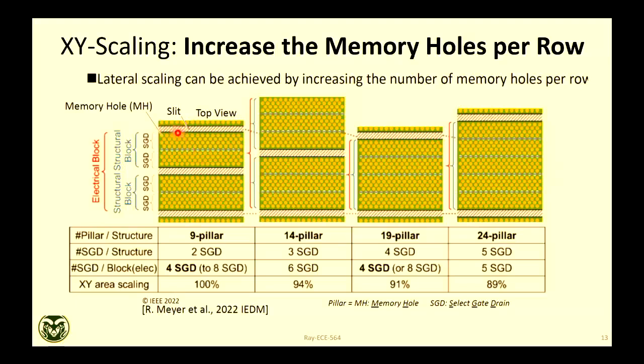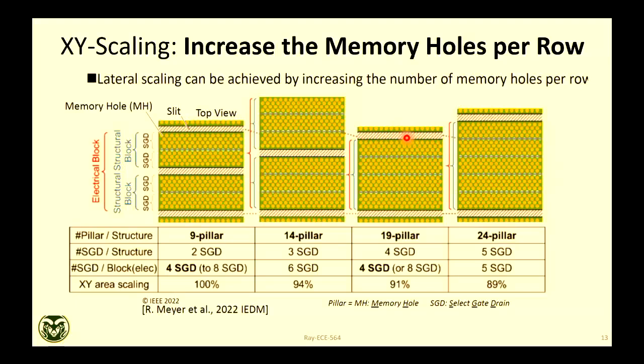Suppose you want to remove this slit. Then what you can do is increase the number of subblocks per block. For example, in this case, every block has 2 subblocks. In this case, every block has 3 subblocks. In this case, 4 subblocks. Right now, maybe 6 subblocks. So that's another way of increasing bit density, so that you have a minimal number of slits. A slit is a dead zone, right?